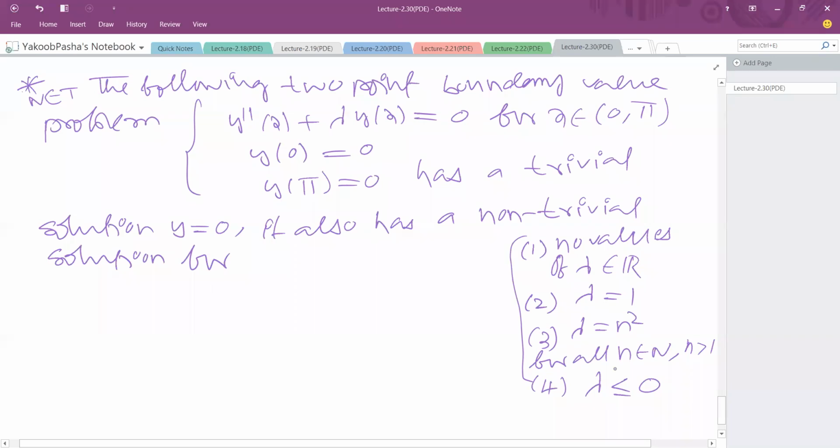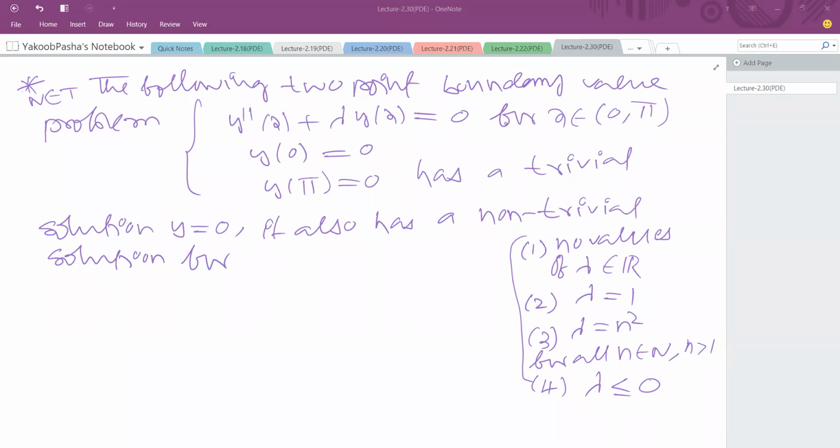Okay. Already we are given there is a trivial solution y of x is equal to 0, and we need to find a non-trivial solution. For that, what are the values of lambda? We need to find. Okay.